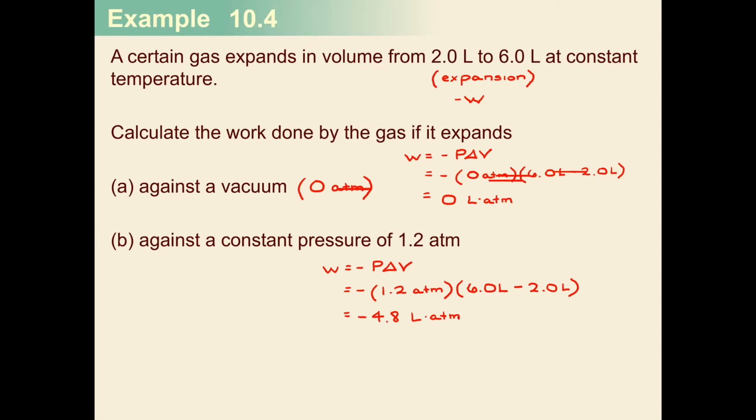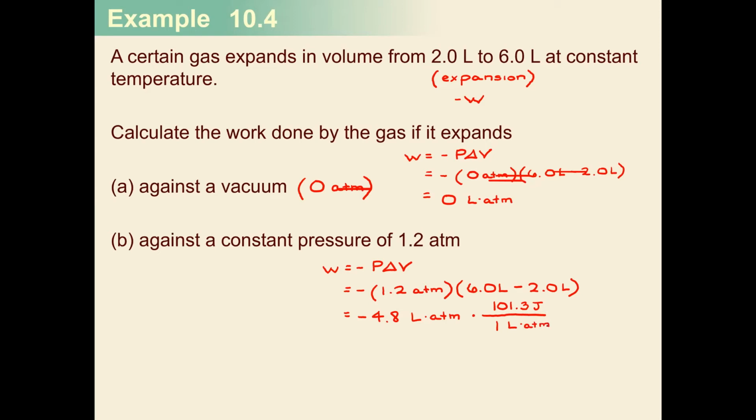Now, liter atmospheres is not a useful unit for us because we do not know where that quantifiably sits with our other energy units. So what we are going to do is now convert the liter atmosphere to our joule. In order to do that, we will state that there is 101.3 joules for every 1 liter atmosphere. You are expected to know this unit conversion.